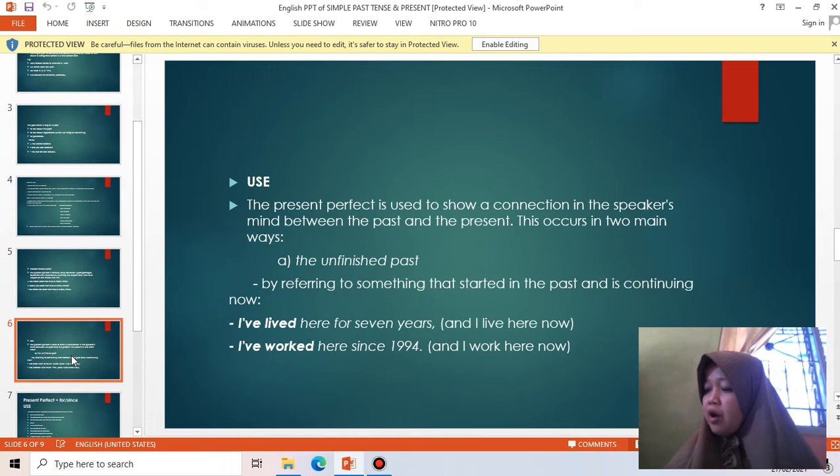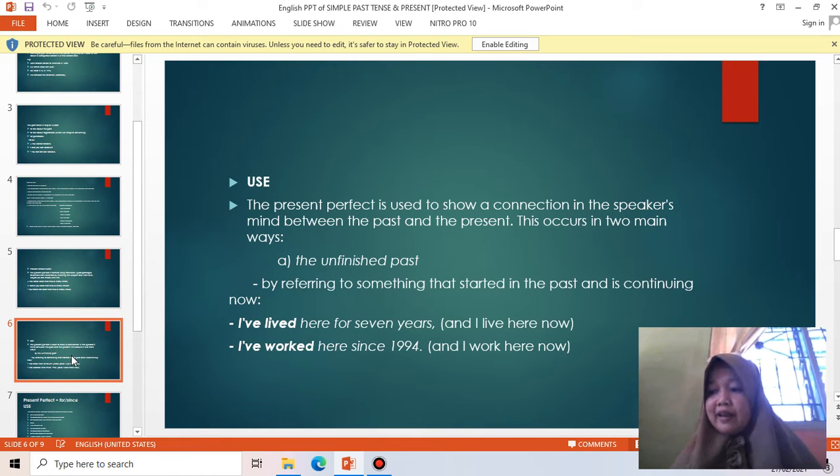So, what is the usage of present perfect tense? There are so many usages of present perfect tense. As you know, present perfect tense is used to express an event that started in the past and the impact of the event is now continuing.